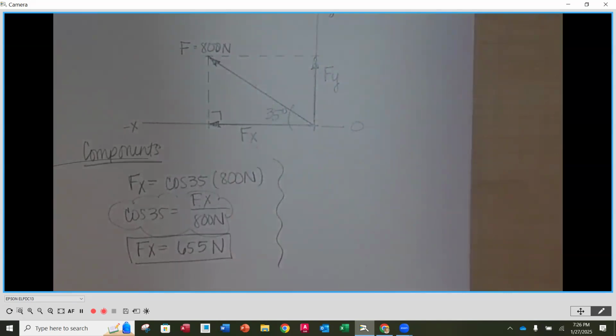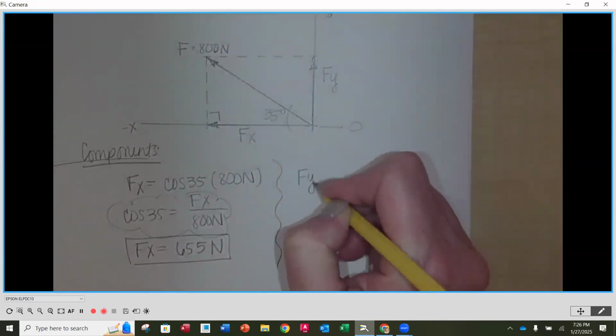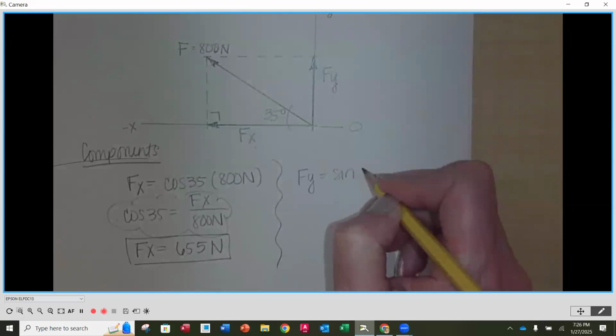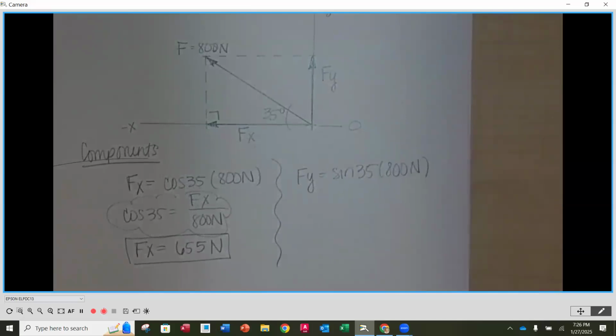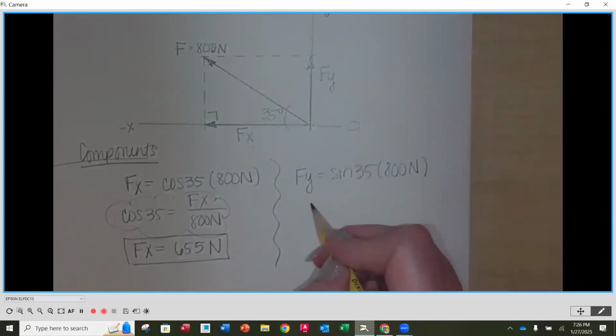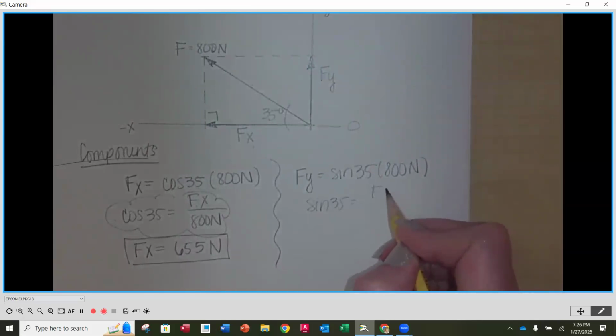Sine, yeah. So Fy is going to be equal to the sine of 35 times 800 newtons. And if you wanted to draw it in, sine 35 is equal to the side opposite, which would be y, over the 800 newtons. This is where that's coming from. It's just multiplying the 800 up.